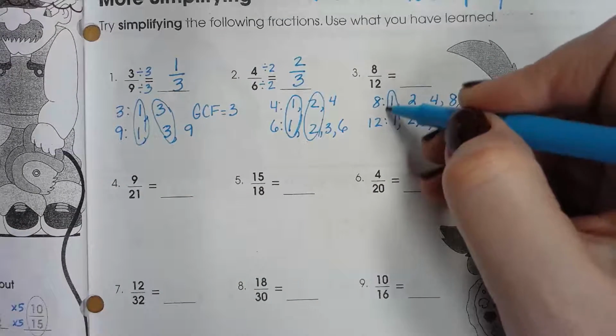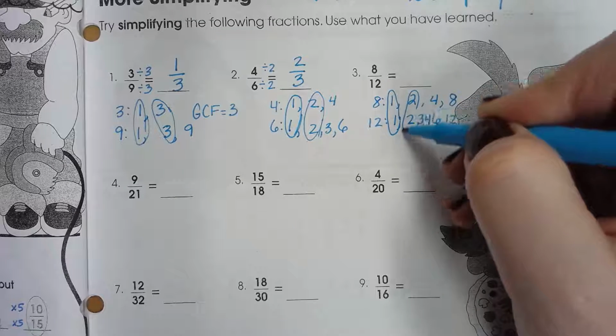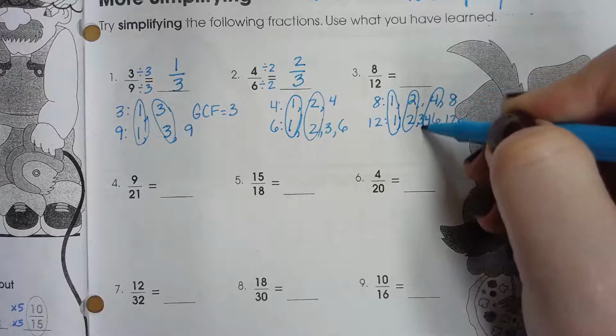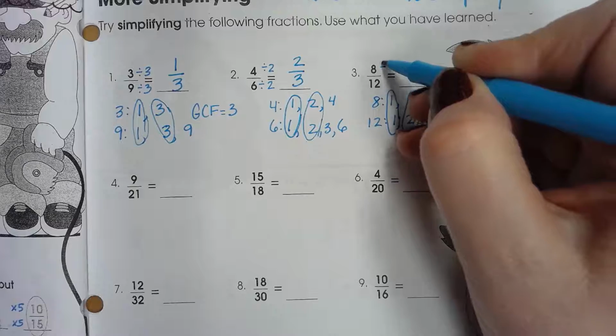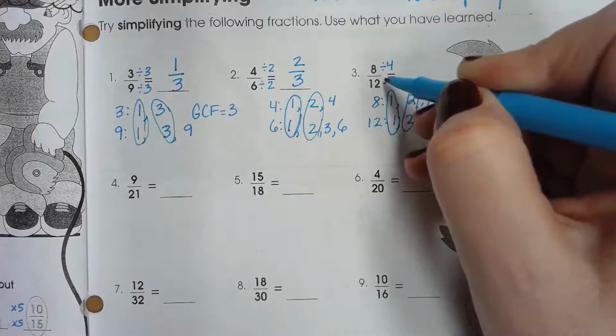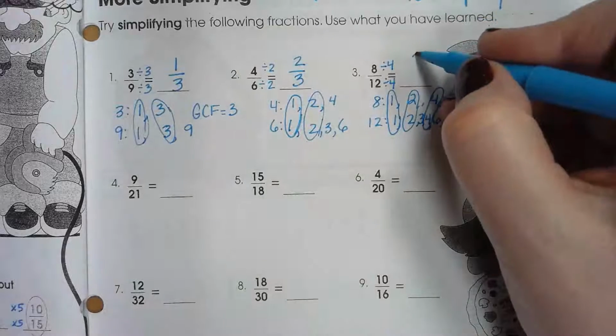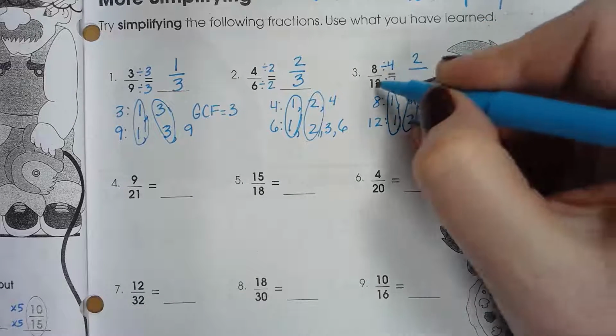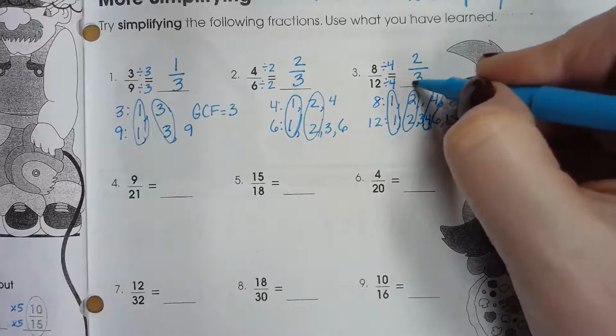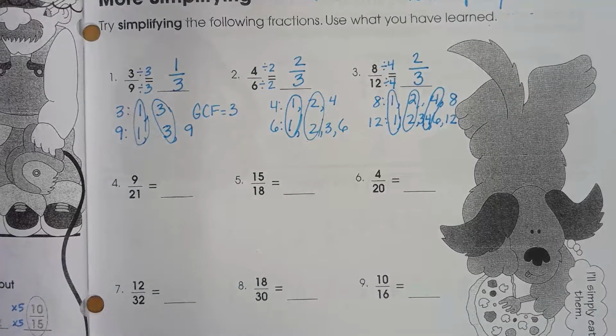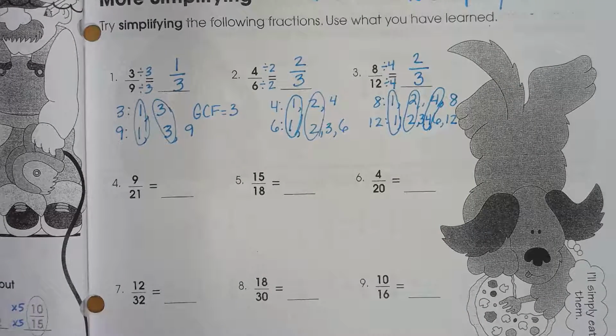What do they have in common? A 1, 2, and a 4. So let's divide the 8 by 4 and the 12 by 4. 8 divided by 4 is 2. 12 divided by 4 is 3. So 8/12 is equal to 2/3.